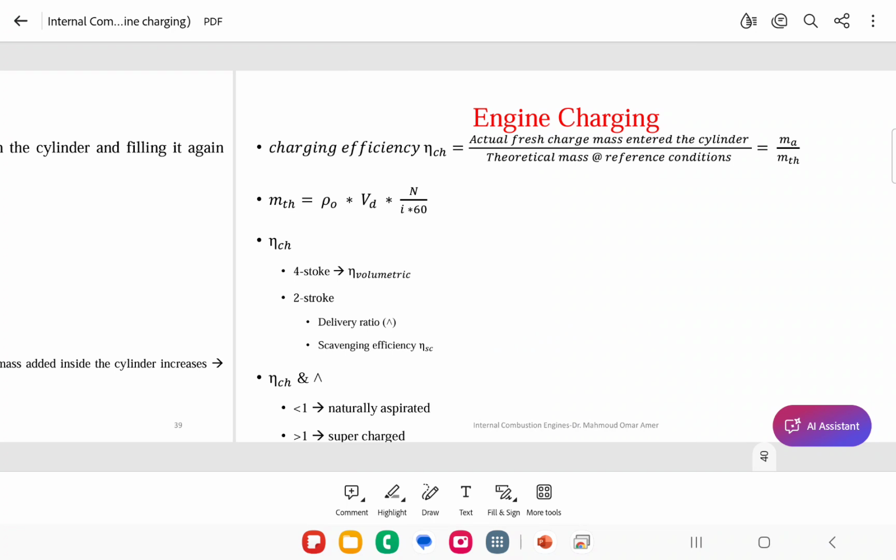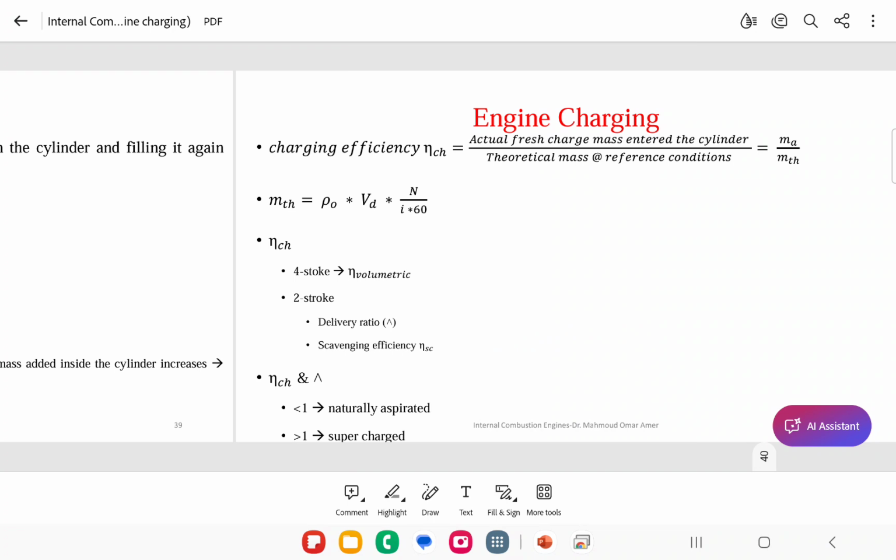And as we mentioned, the theoretical mass depends on rho times VD. VD times N over I over 60 is the V dot D, from which we get the volumetric rate per second. In the four-stroke cycle, the charging efficiency is the volumetric efficiency that we previously mentioned.